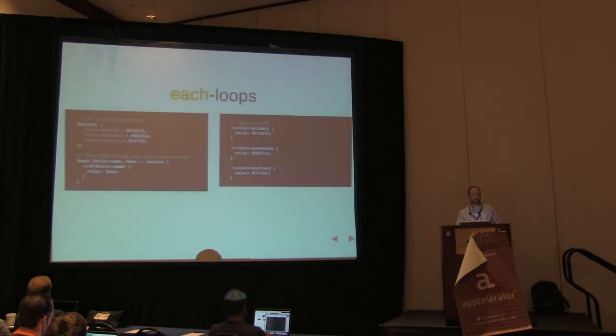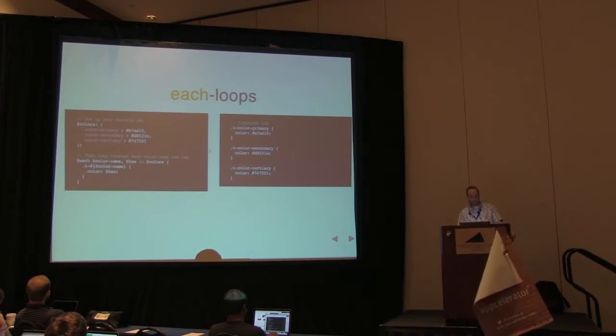And then finally, there are each loops. And this is the type of loop that I find myself using the most. It enables you to easily loop over maps. So here I've got the color map again. And we're going to loop over each key and value in the map. So each color name and hex, right?